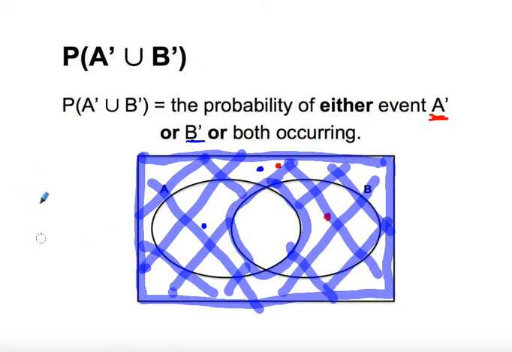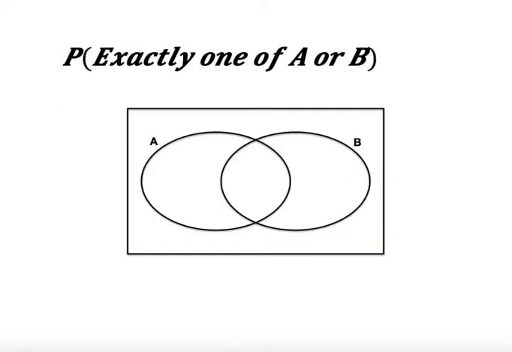We have one more Venn diagram just to have a look at and try and understand how we take readings from. Probability of exactly one of A or B. So this is a description here, just exactly one of A or B. We can use a highlighter directly for this. Exactly one of A or B, so I either want it in this region here, because that is just A on its own.